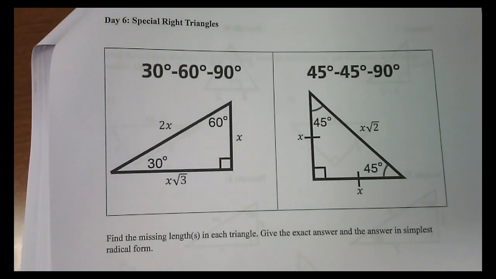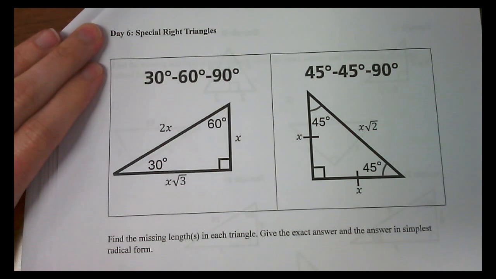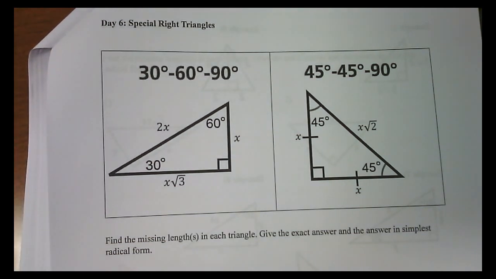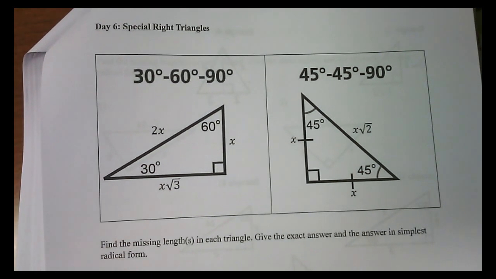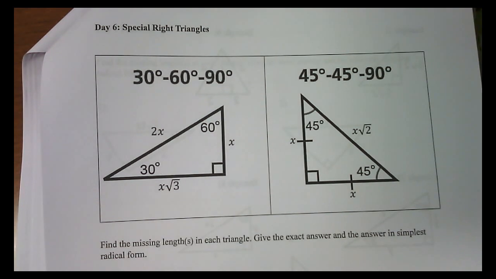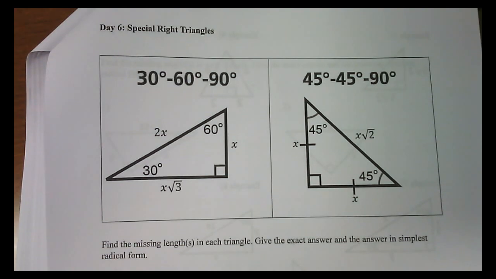Okay, when we have right triangles, there are two types that have special relationships. These are things we can do without having to use the Pythagorean theorem if we can remember the relationships.